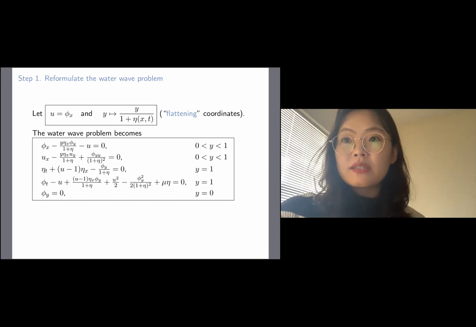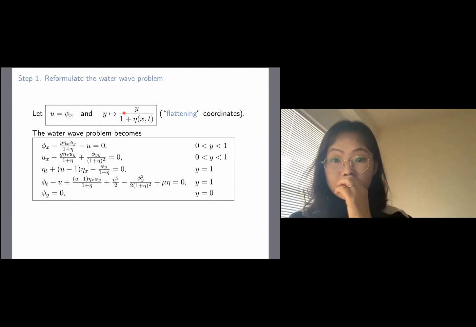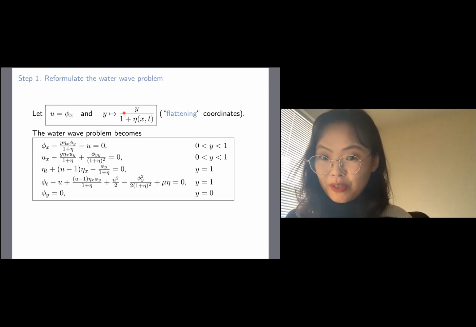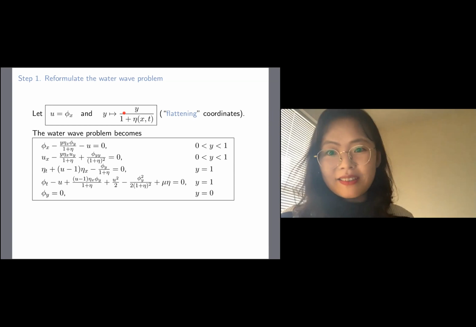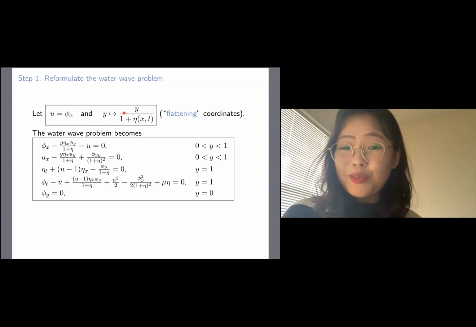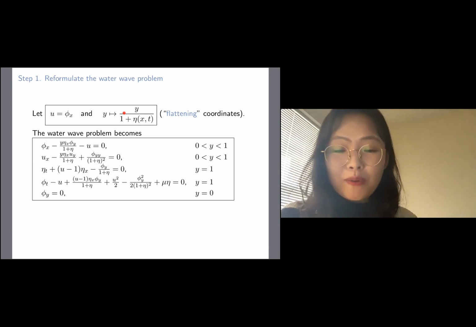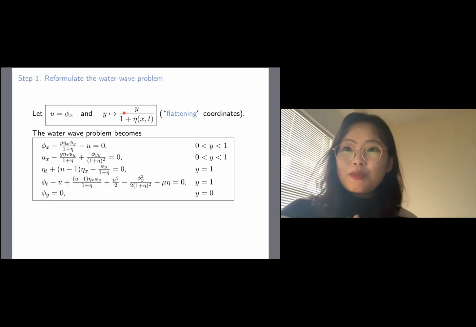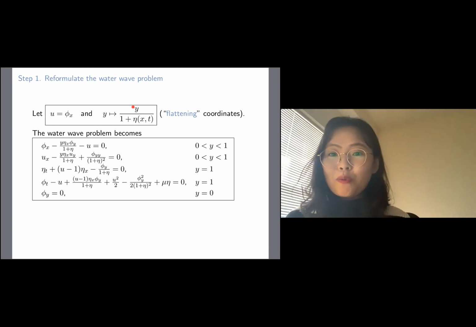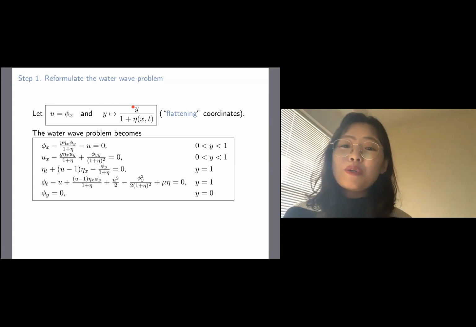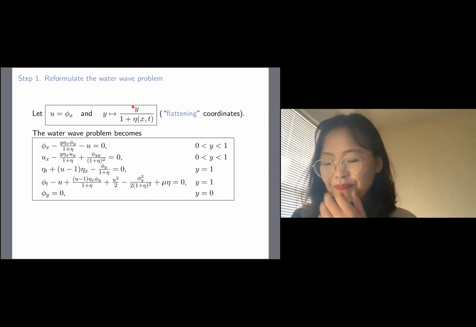And that's what this flattening coordinate does. This is not the most elegant way to fix the free boundary for the water wave problem. In fact, this might be one of the worst things you can do to the water wave problem. But it does serve our purpose. Since we are not very sophisticated when we reformulate the problem, as a consequence, we have to deal with hugely complicated expressions later, and we deal with them by brute force.